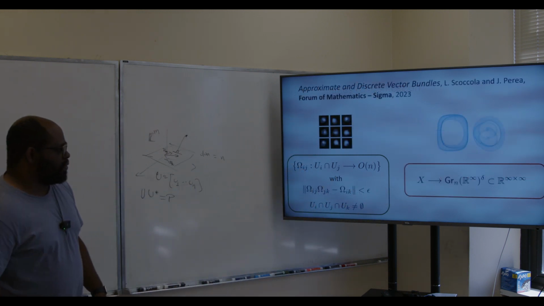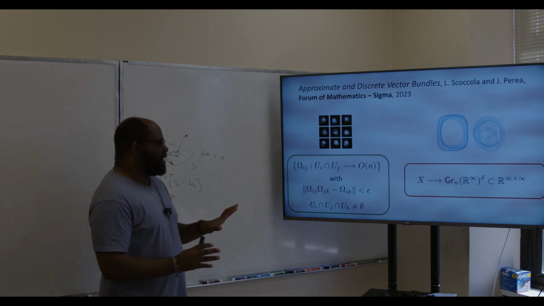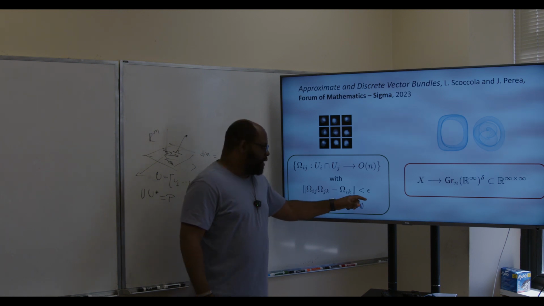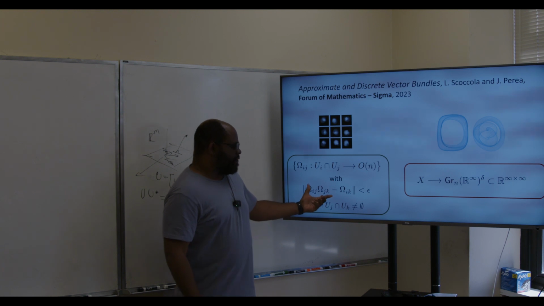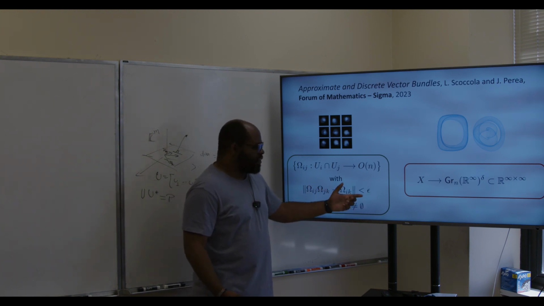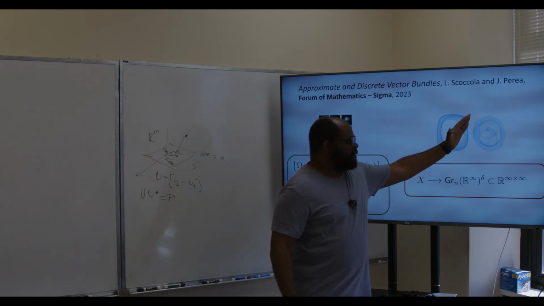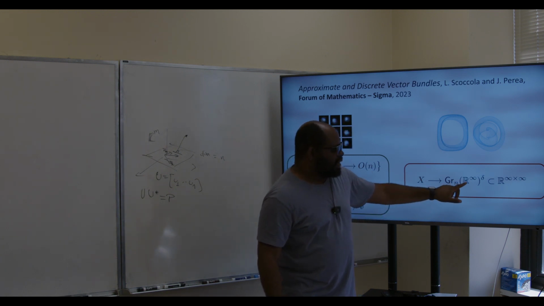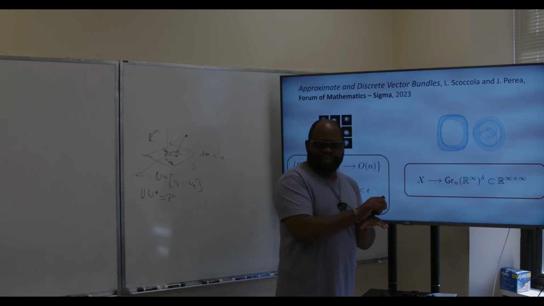And I hope to have convinced you that there are examples in data science that feel like vector bundles, but not quite because you have these errors. We don't expect cocycle conditions in data to be exact because of errors. So we expect some epsilons. And in data, for example in this tangent space estimation, we don't expect to land on the Grassmannian exactly, but on some delta neighborhood of it.